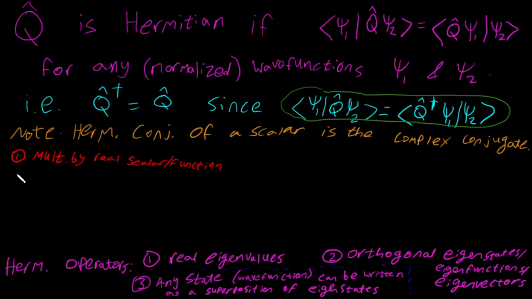Number 2, we'll look at multiplication by a complex scalar or function. Number 3 will be a derivative. Those will be the first 3, and then I'll get to the last one right after. It will fall out naturally based on the results of these.